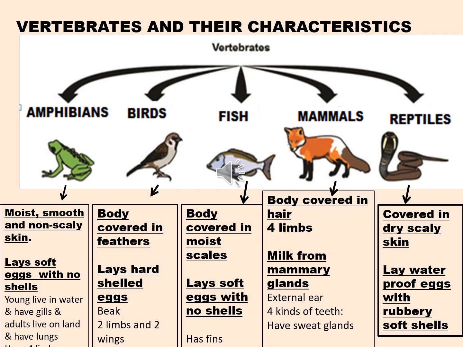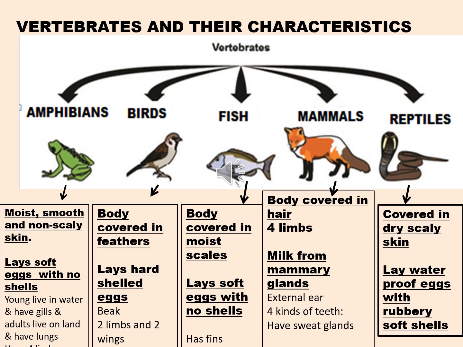That is very important. Birds, you can't miss that. The body is covered in feathers. Then fish have a body covered in moist scales. They also have moist skin but with scales.